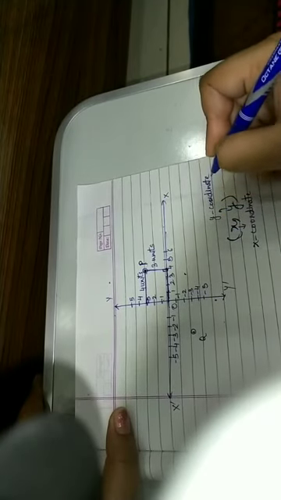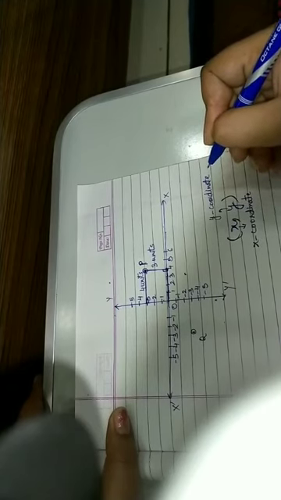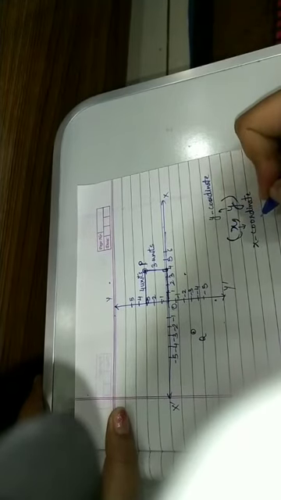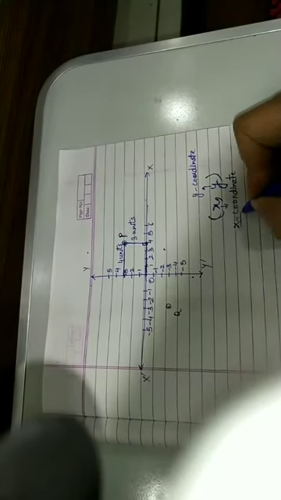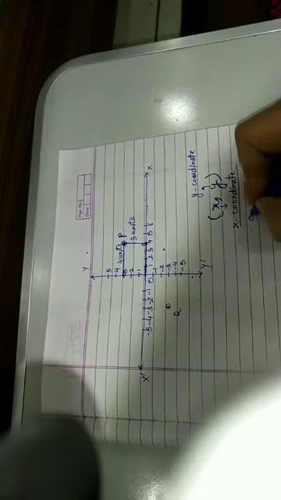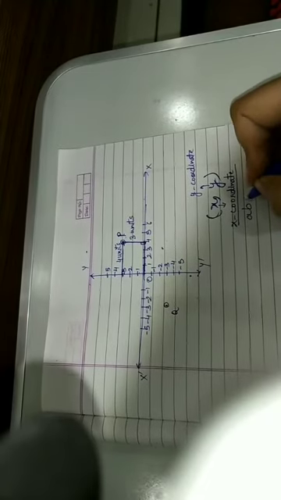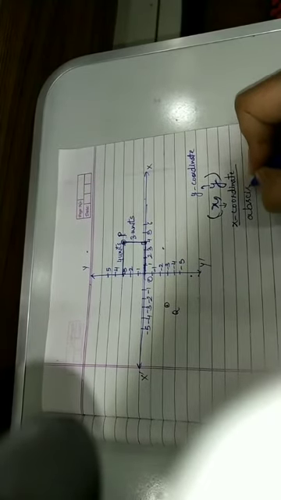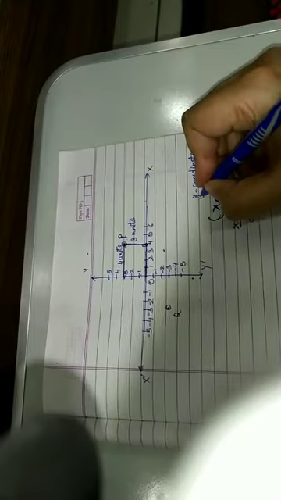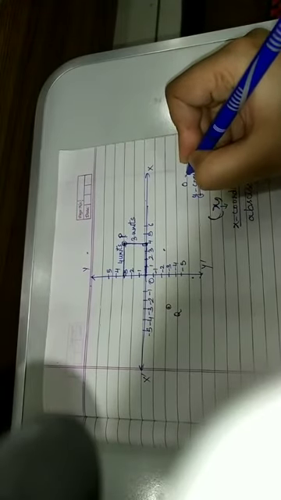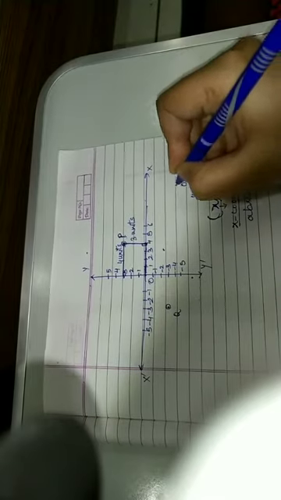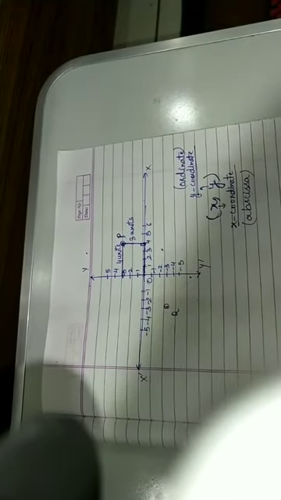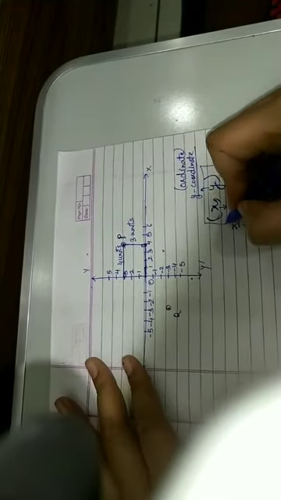They have one more name: abscissa and ordinate. Another name for the x coordinate is abscissa and another name for the y coordinate is ordinate. Together this is called the coordinates of a point.